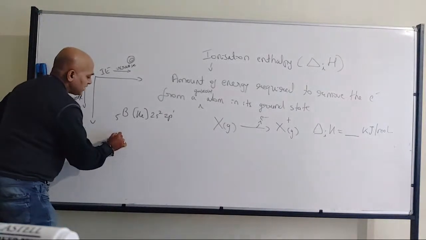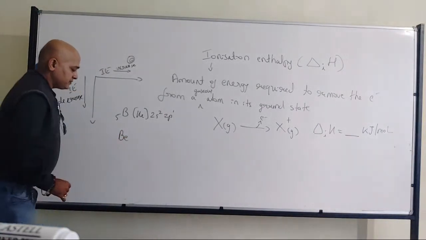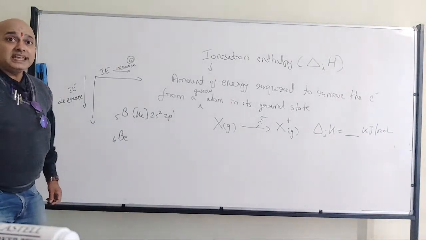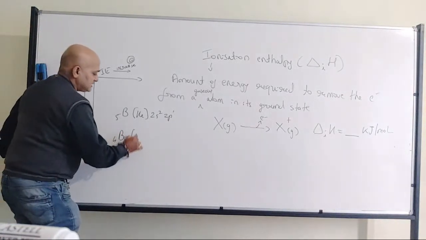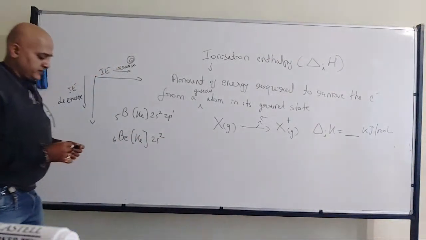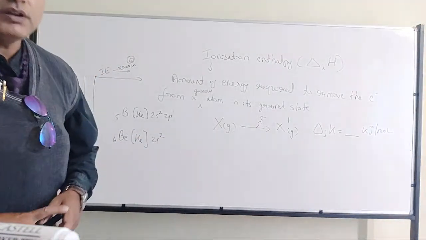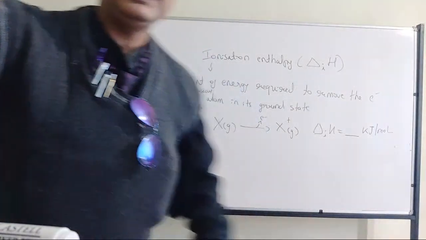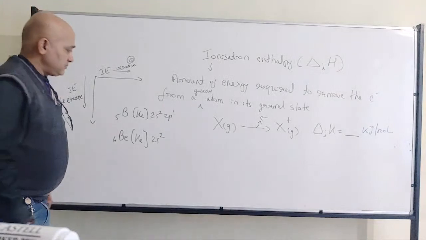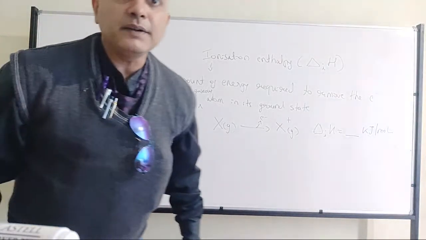Can anyone write it for beryllium, the neighboring element, atomic number 4? It will be helium 2s2. All of you agree? So I am concentrating on two elements, boron and beryllium.